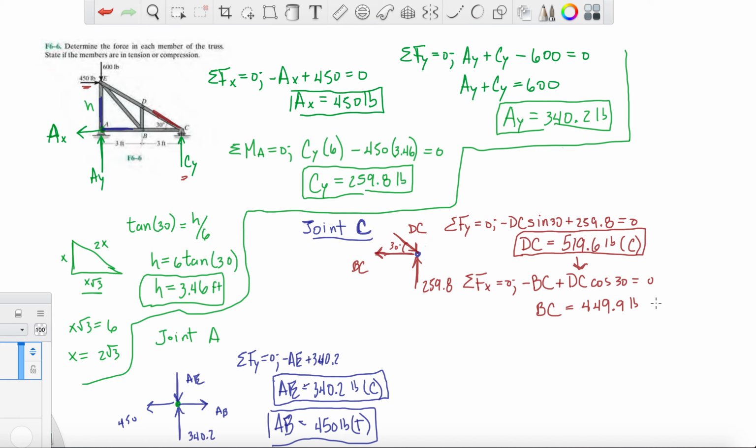Just put it as 450, and that's also in tension. So you can say roughly 450. That might be easier using it going forward. All right. So now we have BC, DC, AE, and AB.